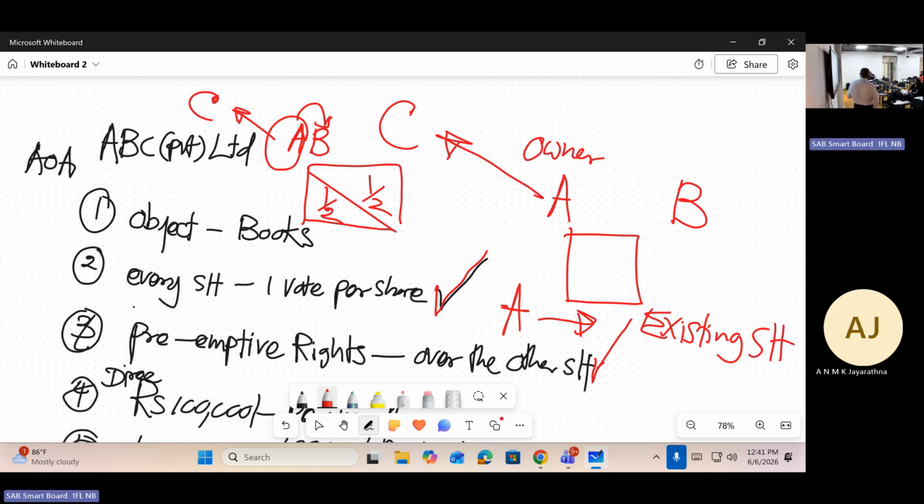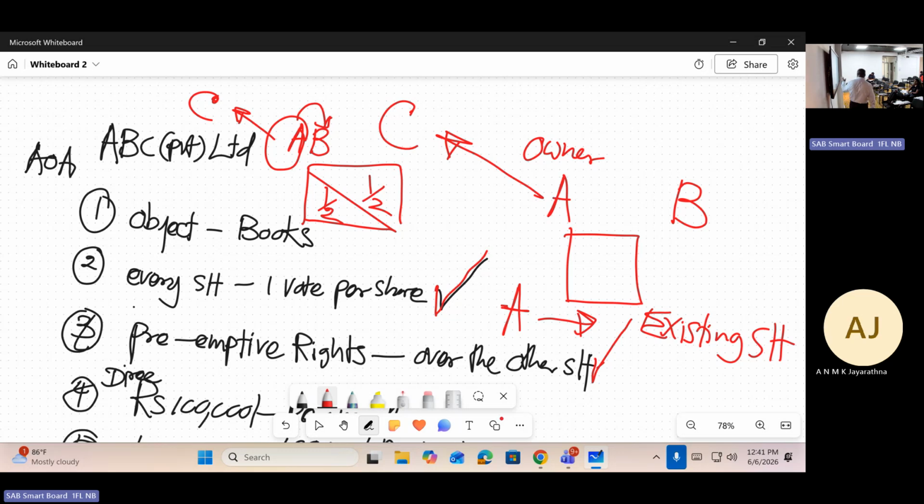According to section 53 of the Companies Act, this pre-emptive right is recognized. It is recognized in the Companies Act. So this right is given to the existing shareholders to purchase the shares of that shareholder who is going to sell the shares.